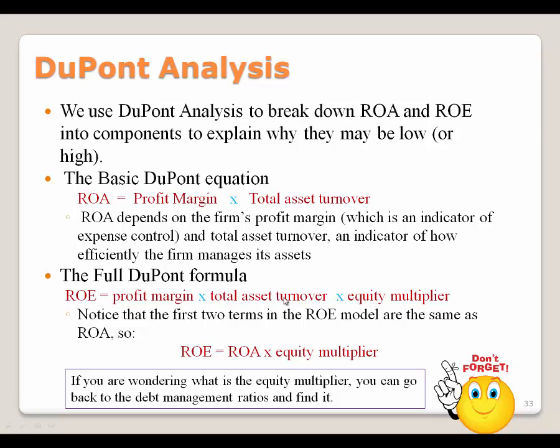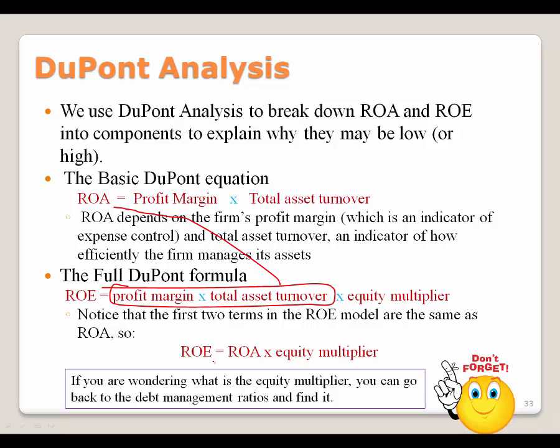And if you now compare the basic DuPont equation and the full DuPont equation, you understand that in the full DuPont equation, profit margin multiplied by total asset turnover, according to the basic DuPont equation, is actually ROA.